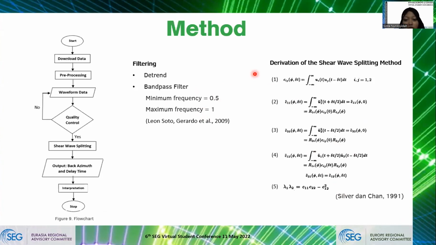In addition, the arrival time of the S wave was picked so that local earthquake events could be more visible. The next step in the SWS method is to automatically calculate the eigenvalue, in accordance with the calculation of Silver and Chan 1991, as shown on the right side.